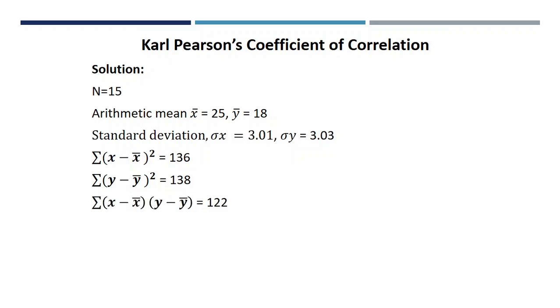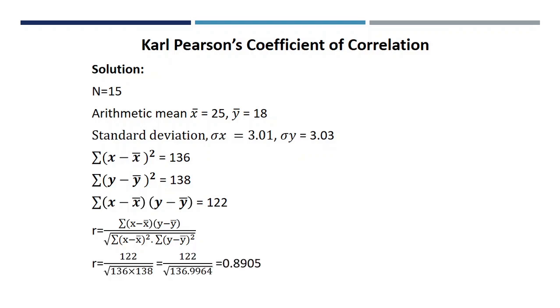Sigma (x minus x bar) into (y minus y bar) is 122. So from this we can calculate using the formula sigma (x minus x bar) into (y minus y bar), which is 122, divided by square root of 136 into 138. So we will get the value of the correlation coefficient as 0.8905.